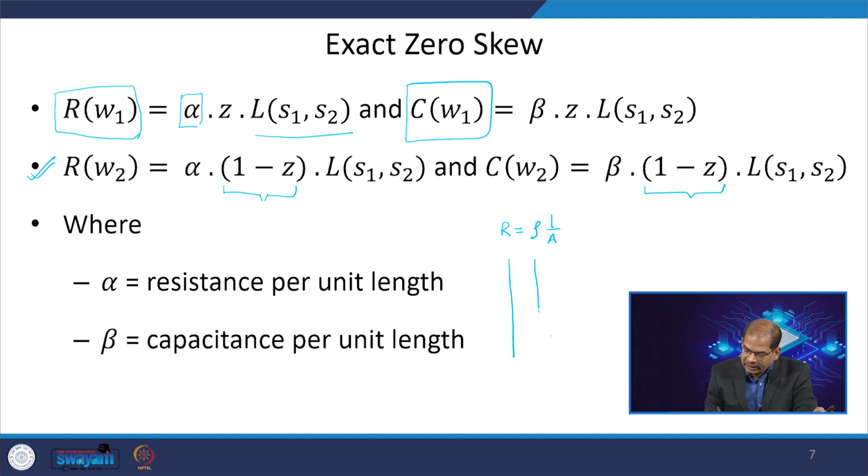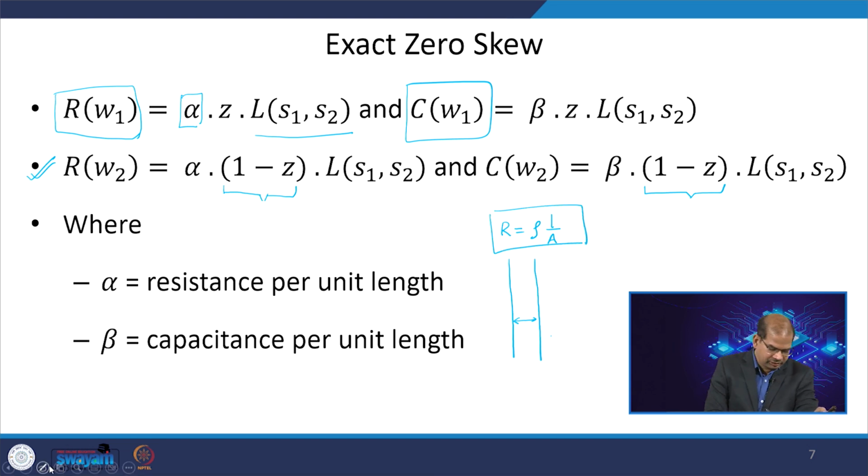Because one dimension is constant, because the width of the metal is constant throughout the clock tree synthesis, and it is the minimum width of the metal allowed in that technology. Okay. So, that is why it does not depend upon the area. So, this is one concept related to resistance.